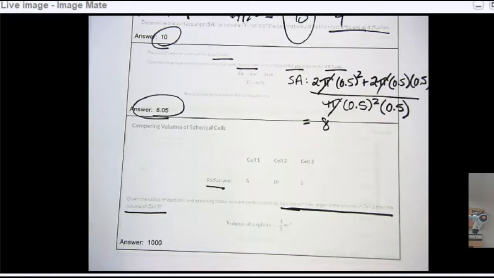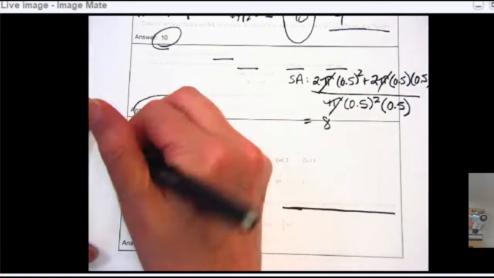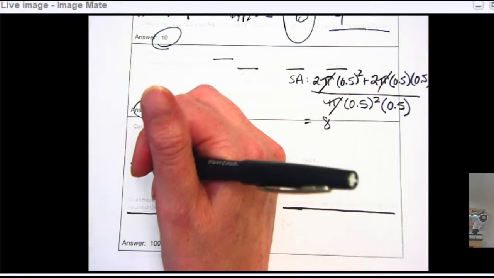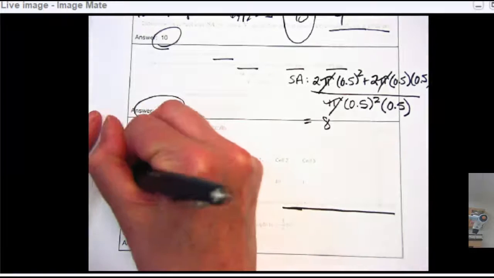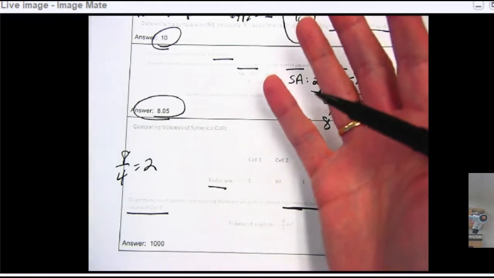You're not going to have an equation on your equation sheet to say how many times larger is this compared to that. But how it works in my brain, I think like how many times larger is 8 compared to 4? Well, 8 divided by 4 is 2. It's twice as large. So I think about numbers that make sense to me, and then I can figure out how I would do that.